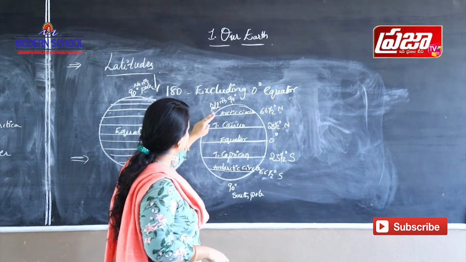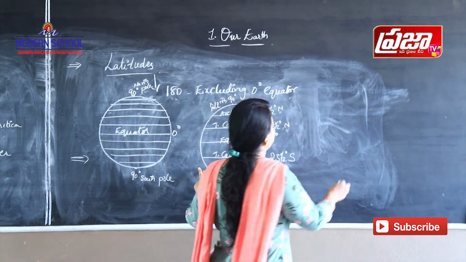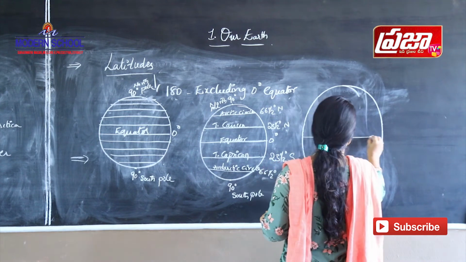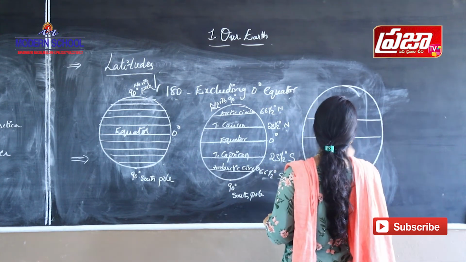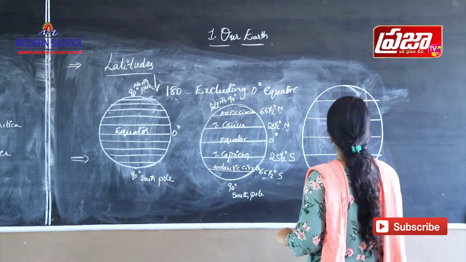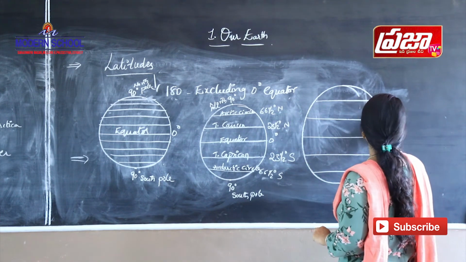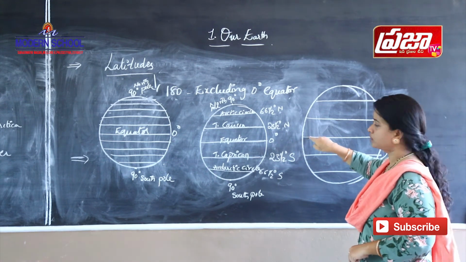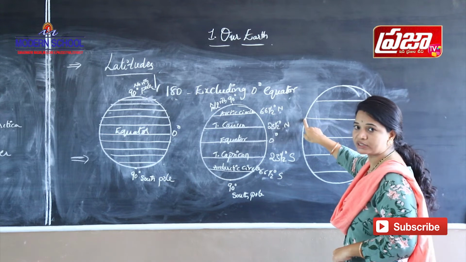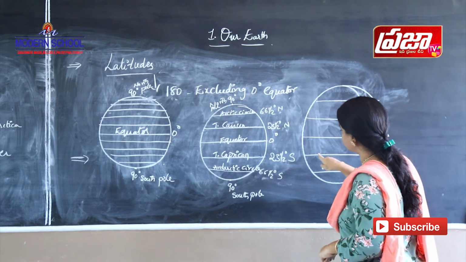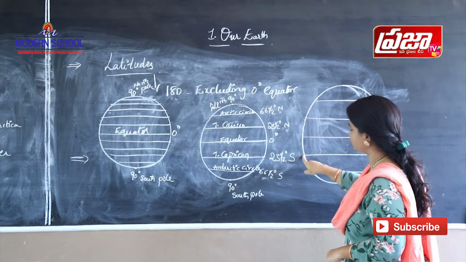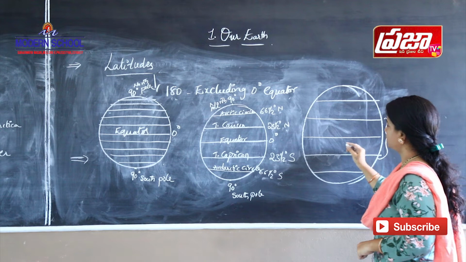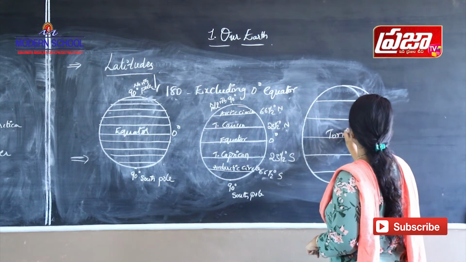On the basis of the latitudes, the earth is divided into 3 climatic zones. The region from the 0 degrees equator to Tropic of Cancer 23.5 degrees, and in the southern hemisphere 23.5 degrees Tropic of Capricorn, we call the torrid zone.